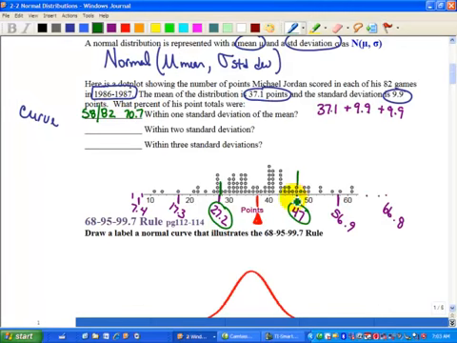Within 2 standard deviations, so now I've got to get over to here. So let's see if I can smarten this up. I had about 58 between these two, so I'm going to add on some over here. 58, 59, 60, 61, 62, 63, 64, 65, 66. There's some over here. 67, 68, 69, 70, 71, 72, 73, 74, 75, 76.